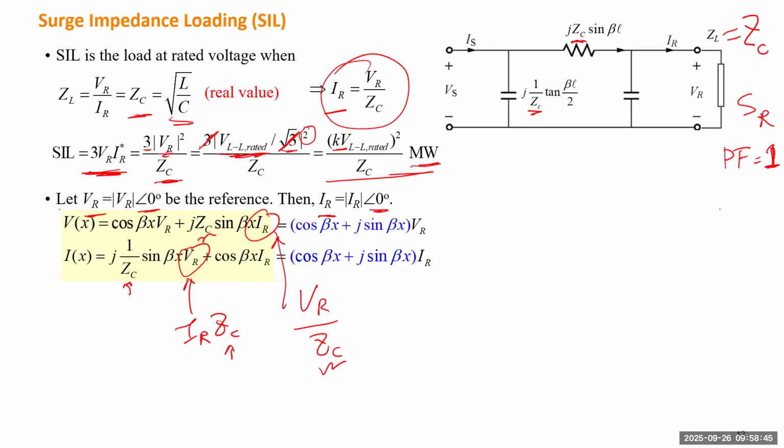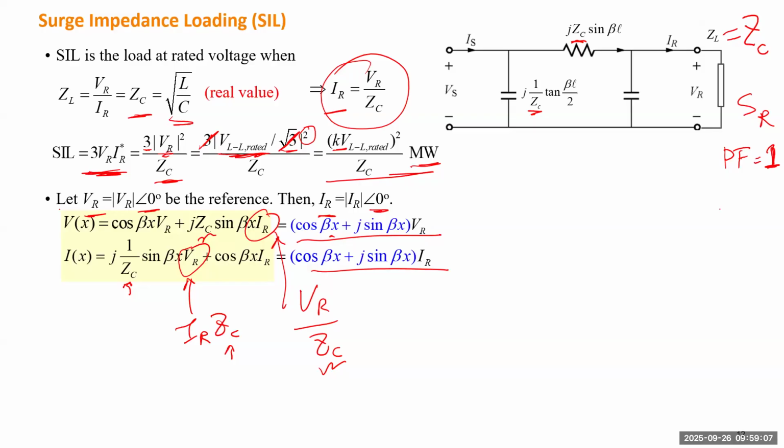So finally, we have 2 equations. The first equation only depends on VR. The second equation only depends on IR. So the voltage along the distance only depends on VR, the receiving end voltage, and the distance x. And the current only depends on the load current and also distance x.